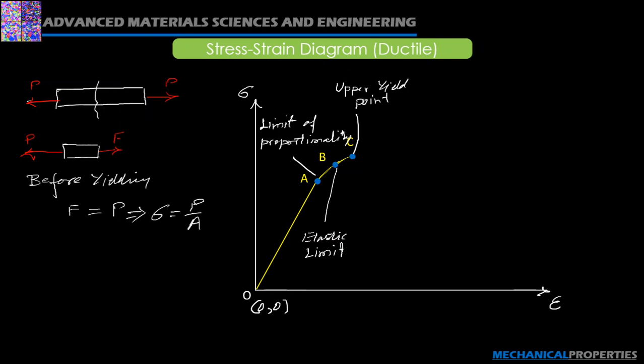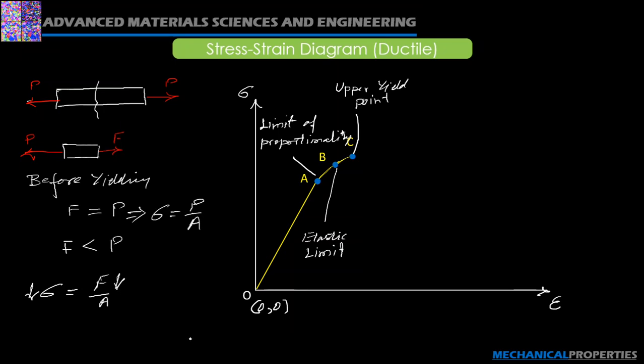That is because of the closeness of the molecules within the lattice, but these are not now close, and because the intermolecular distance increases, the force F is now decreasing from P. Now using the same expression, sigma is equal to F upon A. Since F is decreasing, the stress is also decreasing.